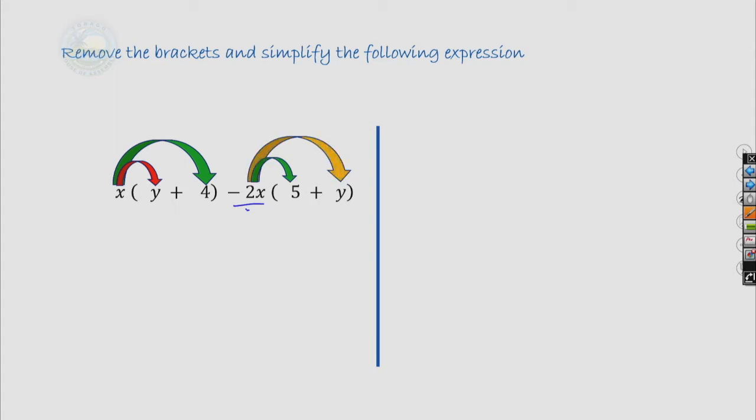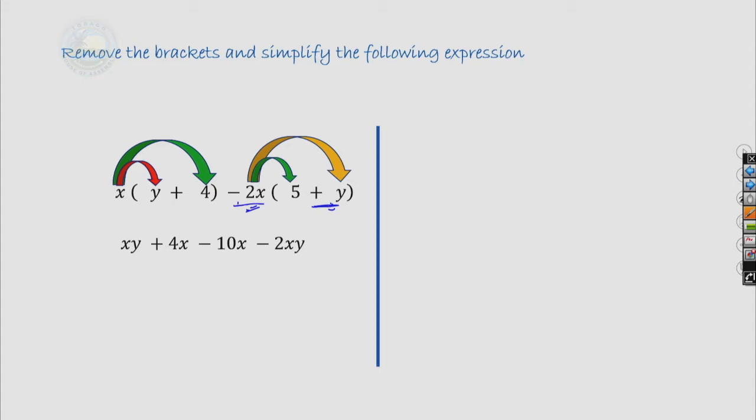So x multiplied by y gives me xy, and x multiplied by 4 is 4x. 2 times 5 is 10, but remember it is negative 2x, so negative 2x multiplied by 5 gives me negative 10, and negative 2x multiplied by positive y, the signs are different. Once signs are different and we are multiplying, the answer is going to be negative.